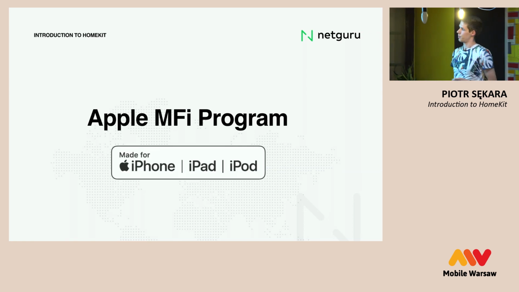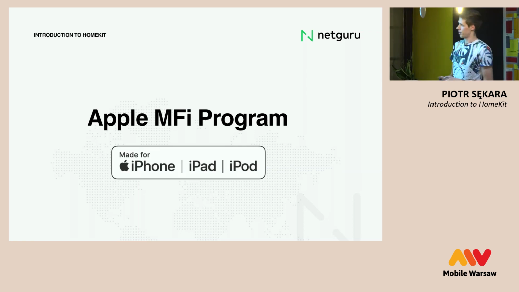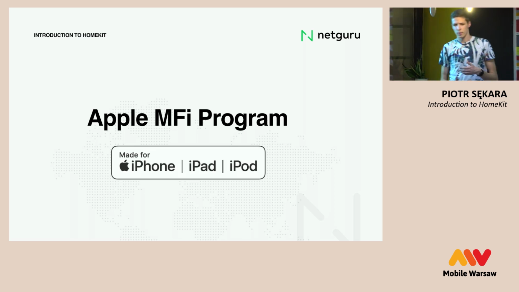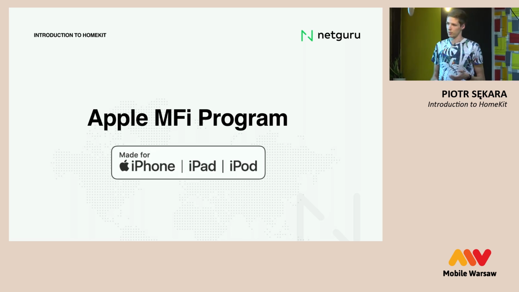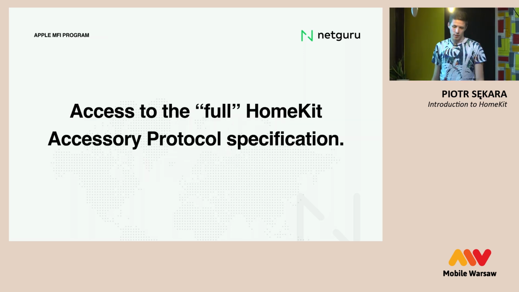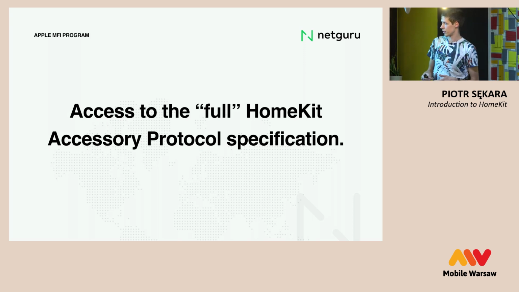And now, the Apple MFi program. It's a shortcut made for iPhone, iPad, and iPod. That program was made maybe not only for developers, but for companies that would like to prepare new devices for HomeKit. And through this program, you can get access to the full HomeKit protocol specification.